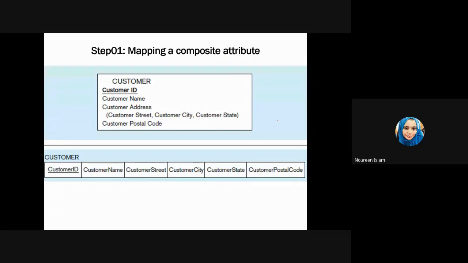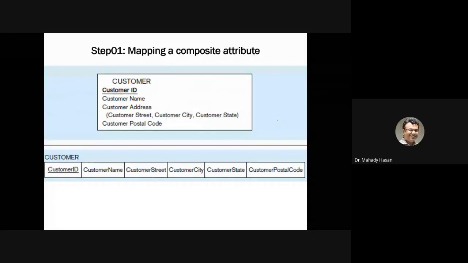Sir, address is a composite attribute, but customer name is a simple attribute as you said. Yes. I want you to narrate the scenario. So what has been done here?